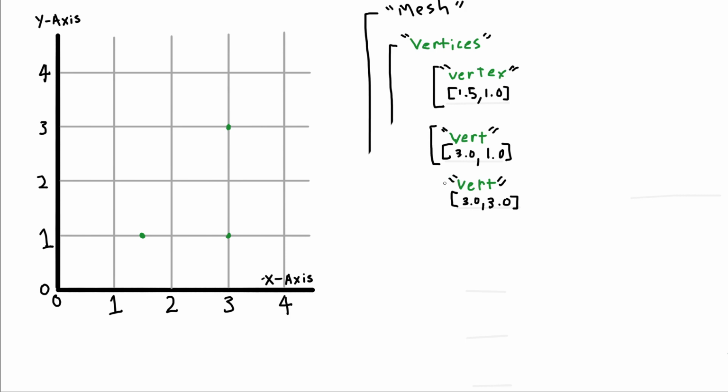And put the bracket so we know the label and the list go together, and then put those inside the full vertices list. What I want to do is label these, so that if I move them around I don't lose which one is which. I'm going to number them from 0, because Blender and computers typically number things from 0.